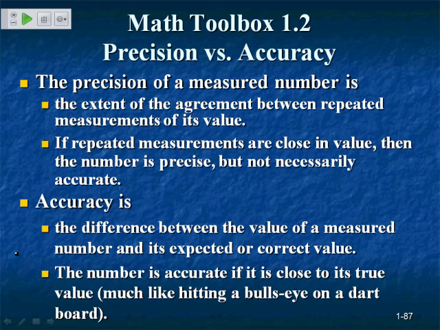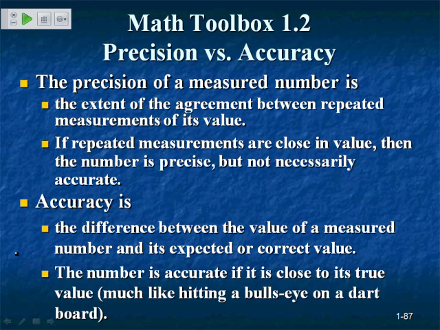Precision of a measured number is the extent of agreement between repeated measurements and its value. Or let's say you are trying to measure the temperature of, let's say, 5 glasses of water, and all the water comes from the same tap.